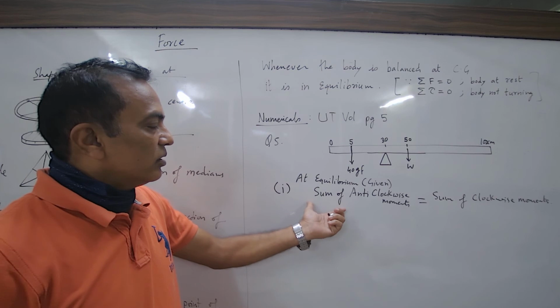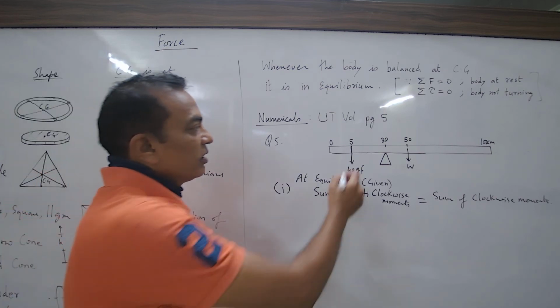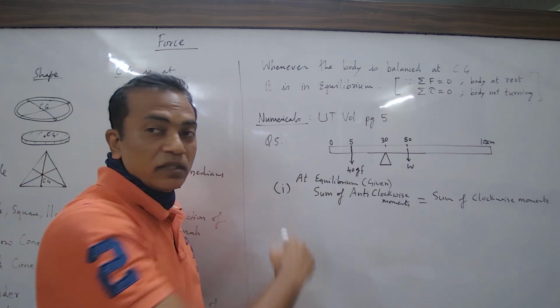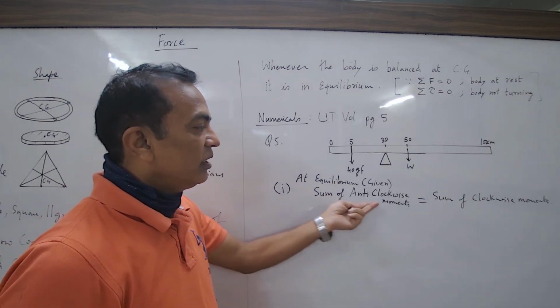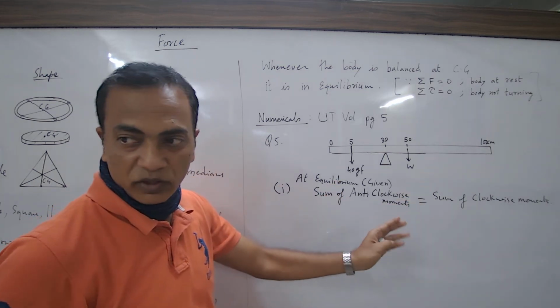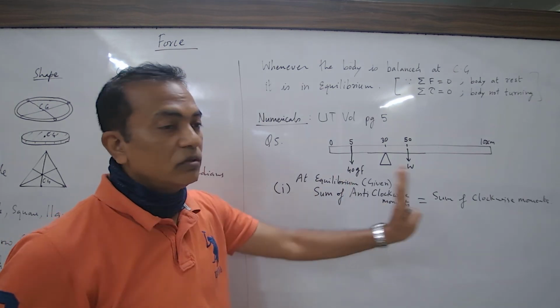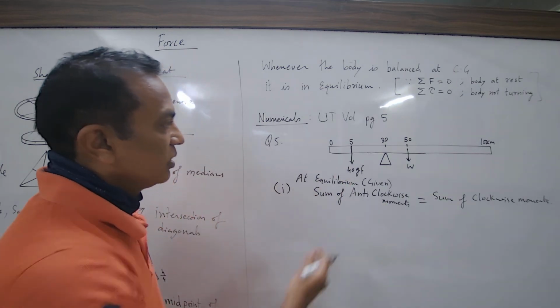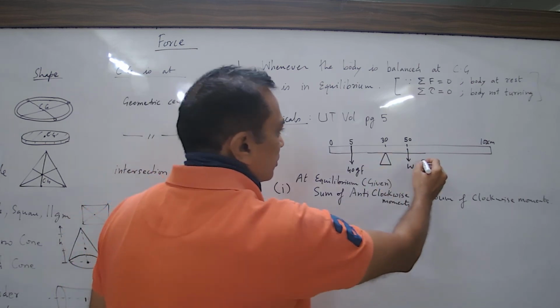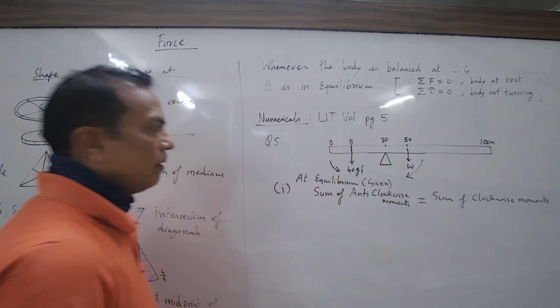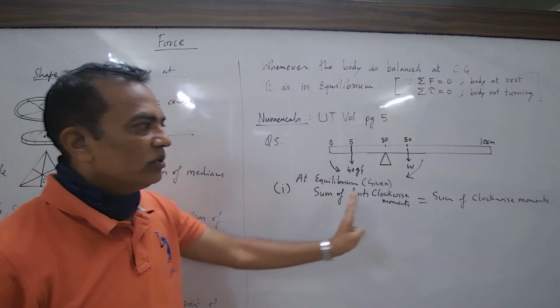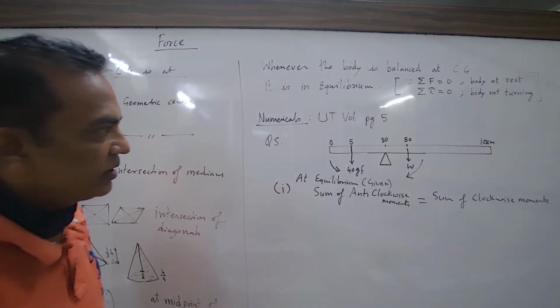Now this sum would be applicable when there are more weights. Right now only one weight is there. So the anti-clockwise moment on the left should be equal to the clockwise moment on the right side.